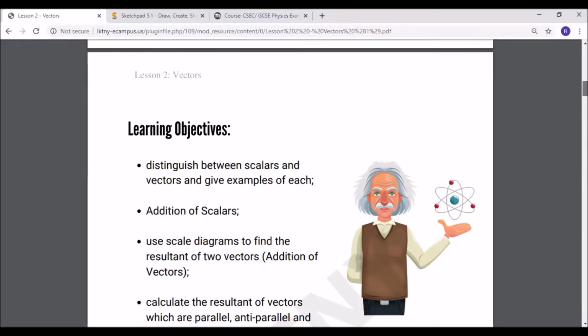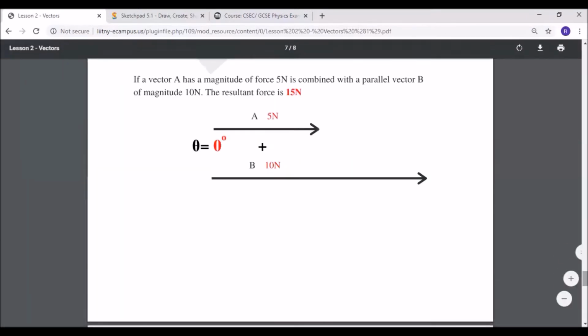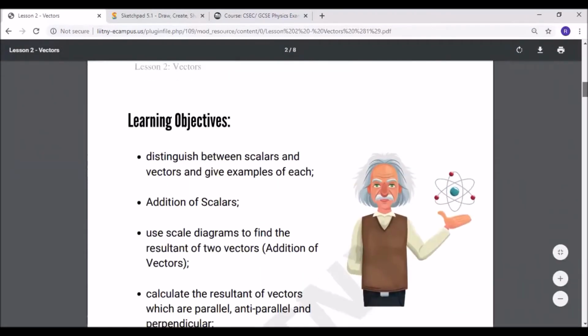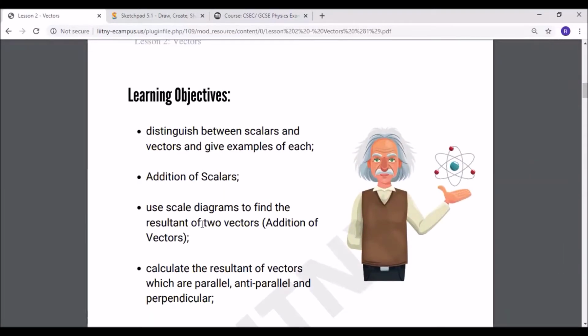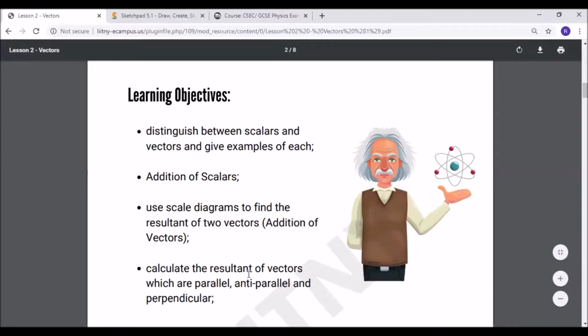We'll be discussing addition of scalars and using scale diagrams to find the resultant of two vectors, which is the addition of vectors, and then calculating the resultant of vectors which are parallel, antiparallel, and perpendicular.